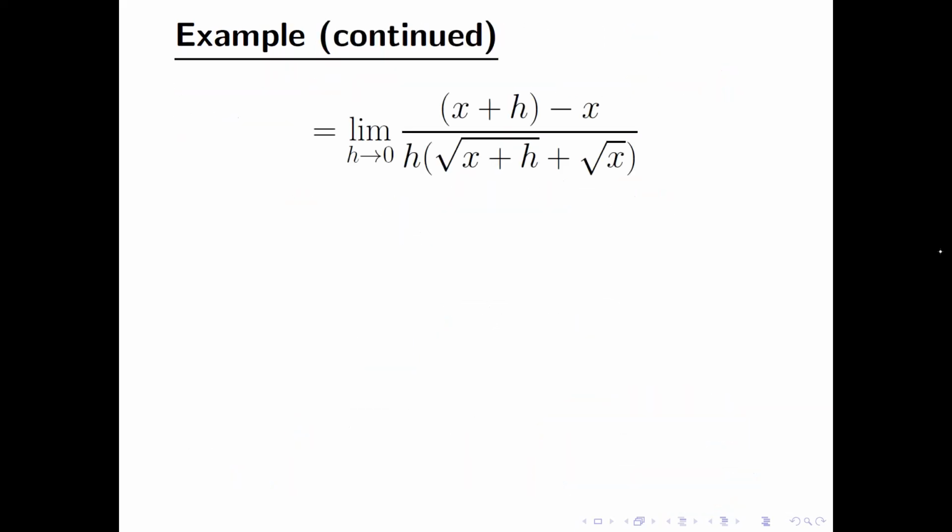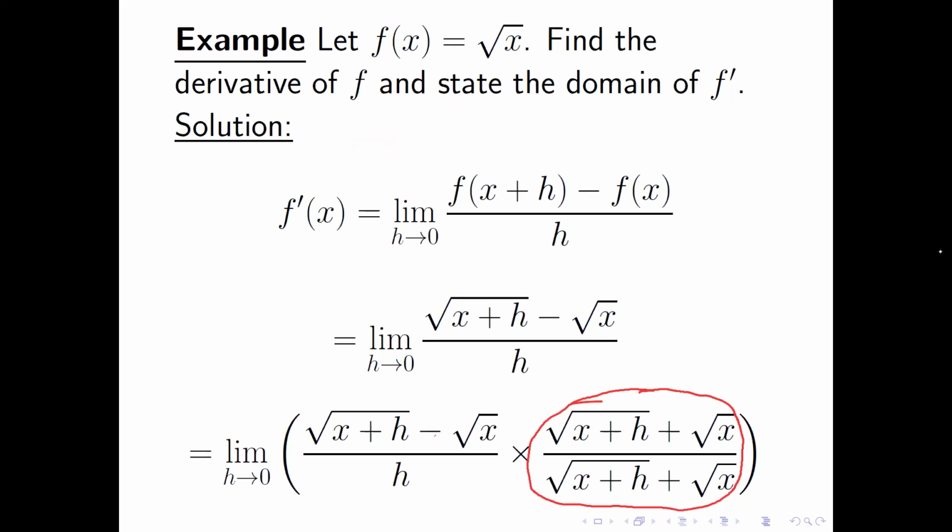And one will see that the laws of exponents tell us that if you have the same base, you might add the exponents. The square root of x plus h, in exponential form, means that we have x plus h to the exponent 1 over 2.